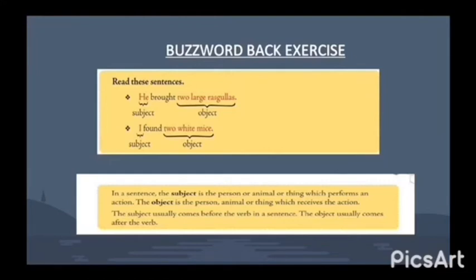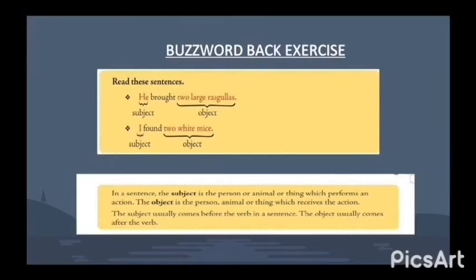Next, I found 2 white mice. Who found 2 white mice? I. So I am the subject here. And what did I find? I found 2 white mice. So 2 white mice are the object. In a sentence, the subject is the person or animal or thing which performs an action.